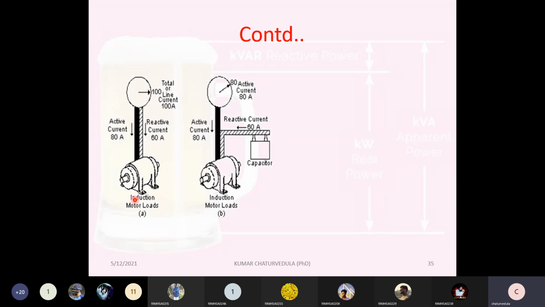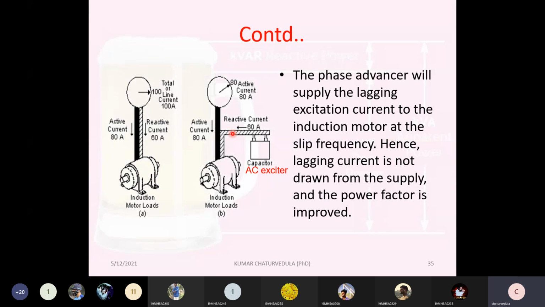Instead of that, what I am trying to do is put an AC exciter in the rotor circuit alone, at the value of slip. Initially only the 80 amps will be coming, when the rotor is running with a certain slip value. At a particular point of time I am going to activate this exciter.